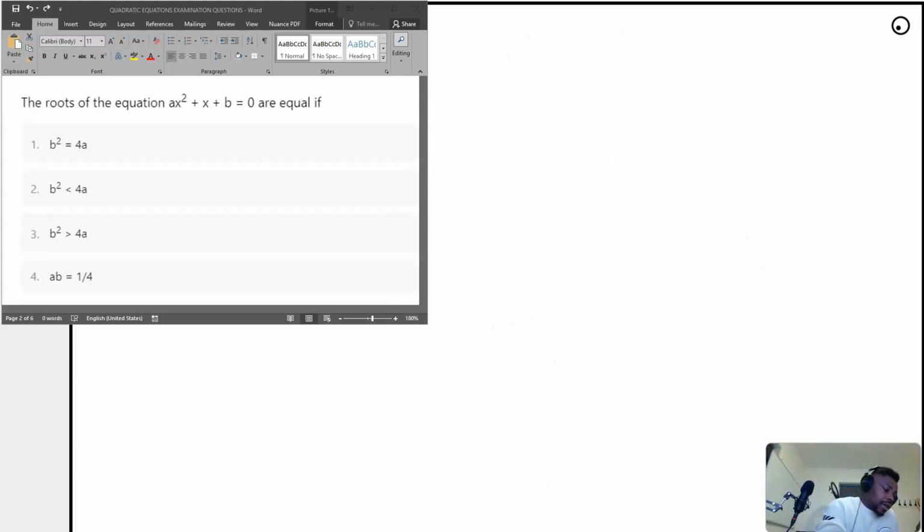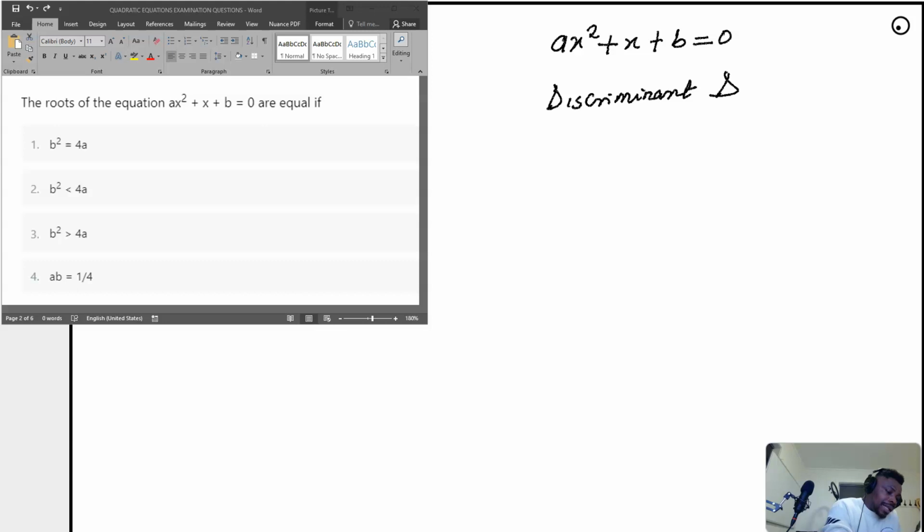Now the next question. The roots of the equation ax squared plus x plus b is equal to 0 are equal if. Now, the roots of a quadratic equation are said to be equal when the discriminant is equal to 0.